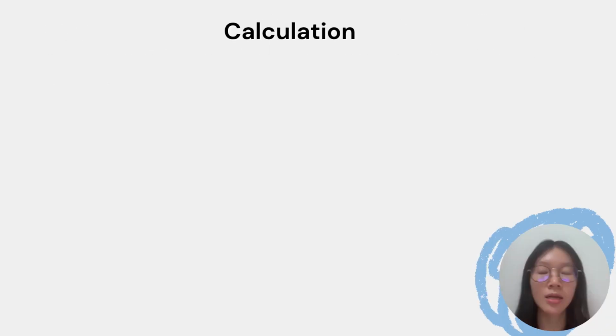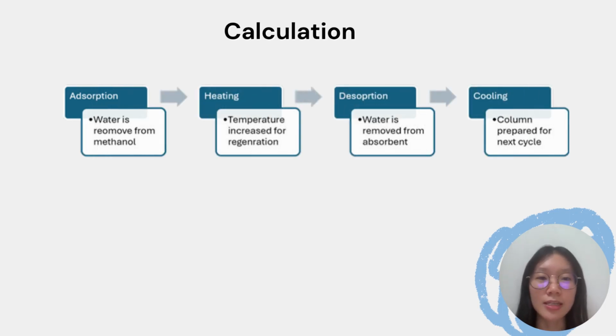This figure illustrates the adsorption cycle for methanol purification. During adsorption, water is removed from the methanol by the adsorbent. The adsorbent is then heated to regenerate it, allowing the adsorbed water to be released during desorption. Finally, the column is cooled and made ready for the next adsorption cycle. For regeneration, a temperature swing adsorption (TSA) method is applied because water molecules are strongly retained in the micropores of Zeolite 3A.